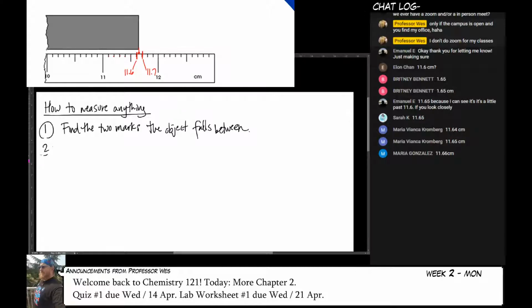Step 2 is to write the value of the smaller of the two marks. In fact, due to the marvel of copy and paste, what I can do is this.